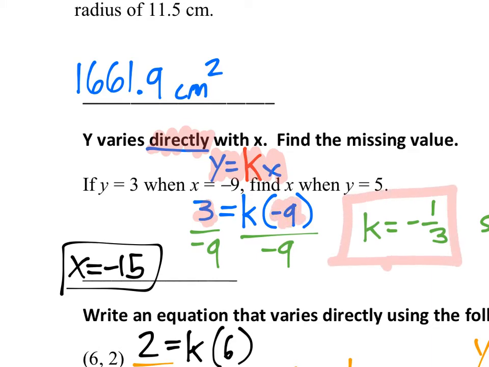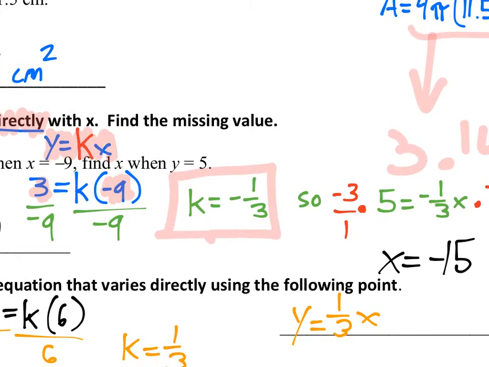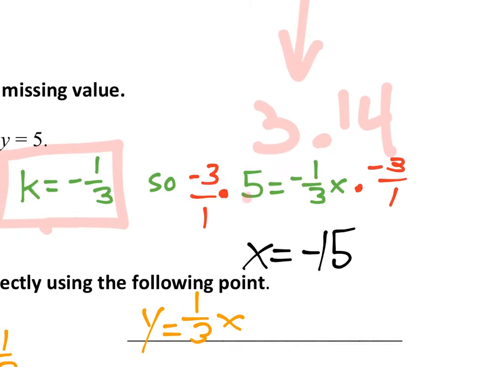Now this k is good for all other scenarios using this same equation. So then it said find x when y was 5. So we plugged in 5, and then we used k right here. Now that we know what k is, we were then able to go through and solve for x.